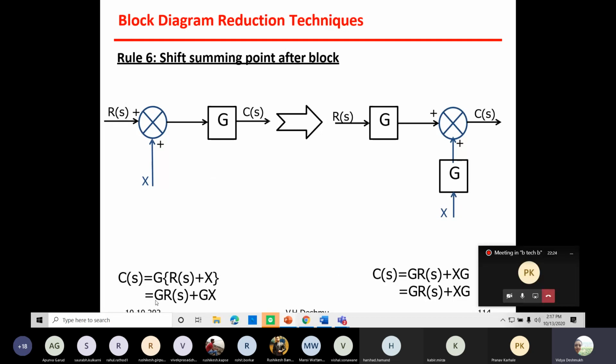In the first diagram C of S is this, and in the second diagram we got the same C of S.